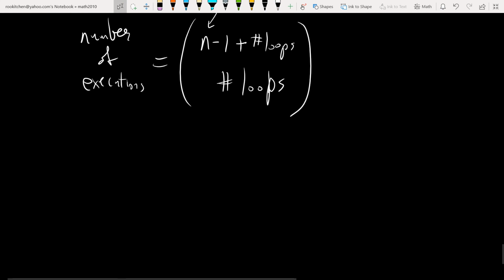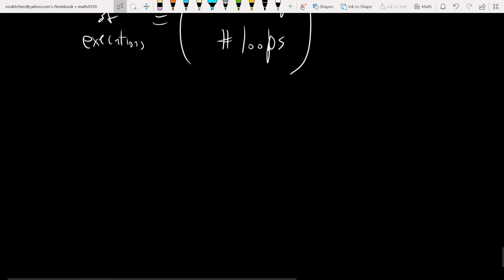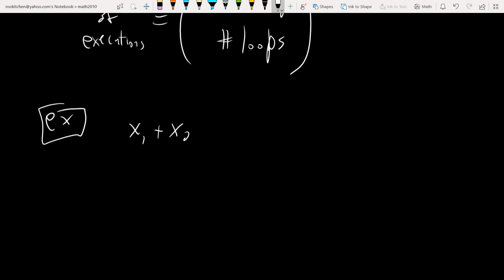So the last type of problem in my notes, and then we'll look at some WebAssign problems, is solutions to equations like this: x1 plus x2 plus x3 plus x4 equals 10. In this case, we want non-negative integer solutions.